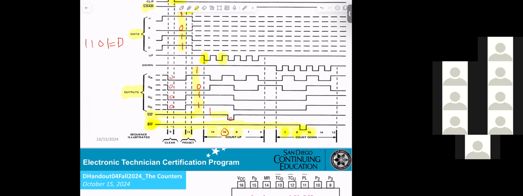That is telling you everything. This is for count up, and that is for count down. If you understand this timing, the rest will be no problem for you.